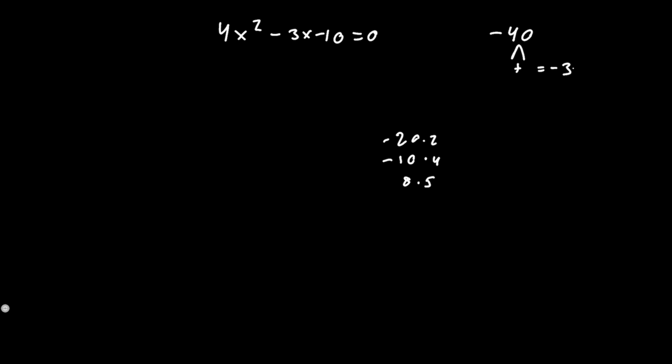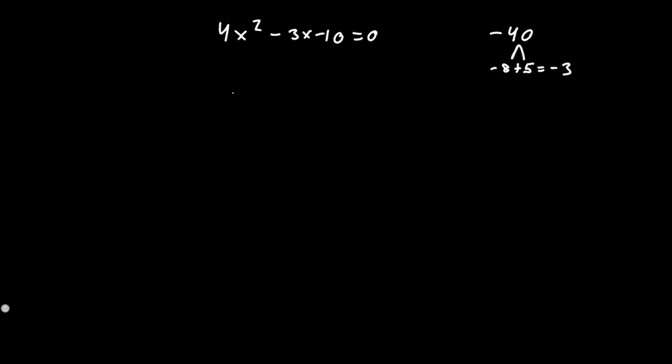And we see that if we look at 8 and 5, if we add or subtract them, we will get either positive 3 or negative 3, and negative 3 is what we want. So you want the bigger number to be negative, because 8 is bigger than 5, so it's going to be negative 8. And 5 is going to be the positive number, because negative 8 plus 5 is equal to negative 3. So we found our factors.